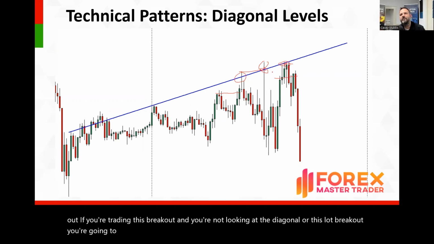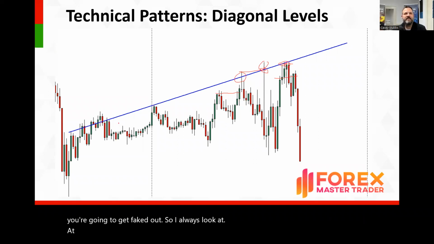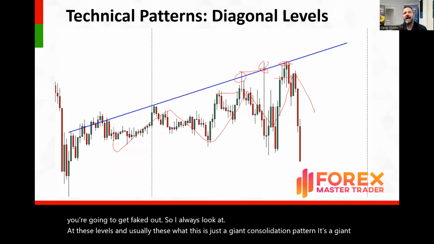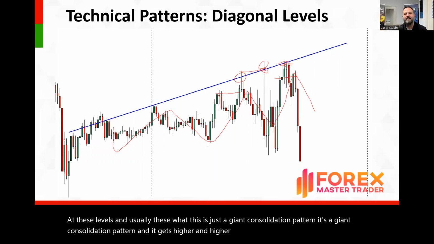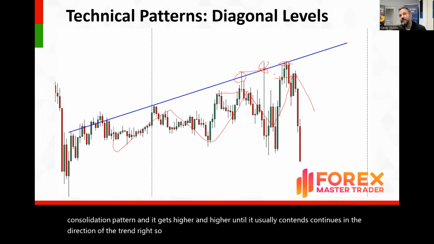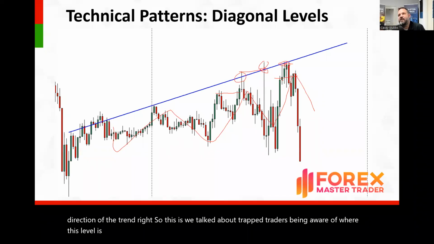So I always look at these levels, and usually this is just a giant consolidation pattern. It gets higher and higher until it usually continues in the direction of the trend, right? So we talked about trap traders. Being aware of where this level is tremendously valuable in helping you not get trapped, right?